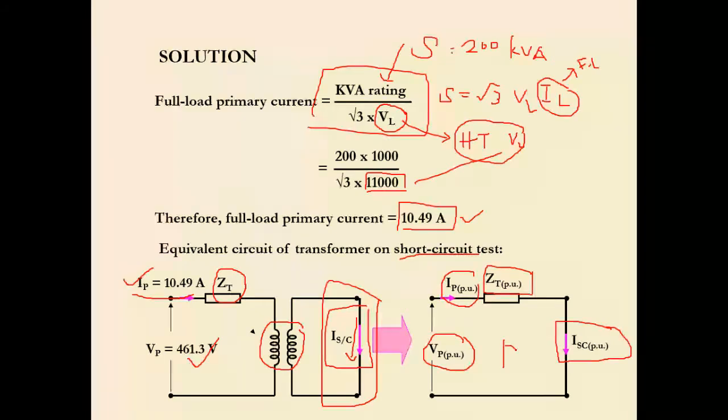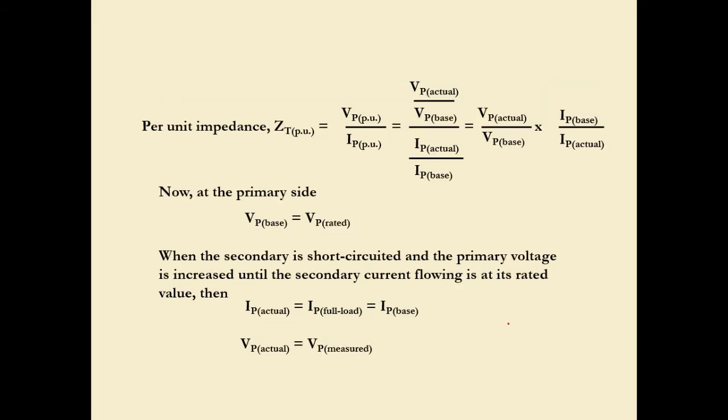Some of the relationships we can derive, starting from per unit impedance, where Z T equals V P over I P. This is basically Ohm's law, V P PU over I P PU.